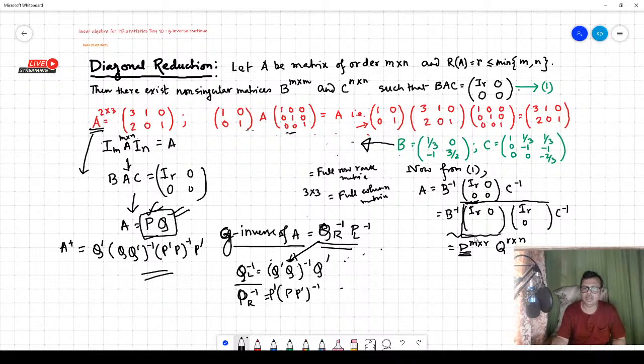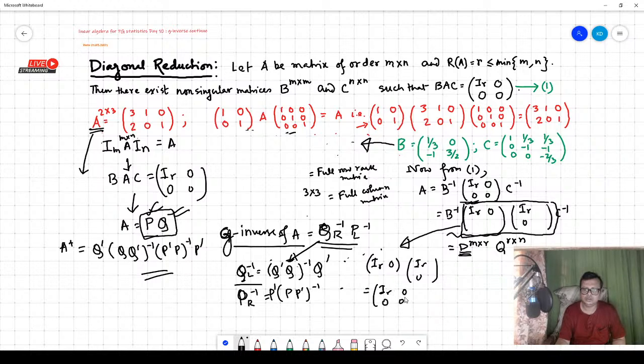This should be I_R breaking into two parts. Okay, listen carefully. And if you multiply this I_R 0, I_R 0, this gives I_R 0, 0. So I replace I_R 0, 0 by I_R 0, I_R 0.